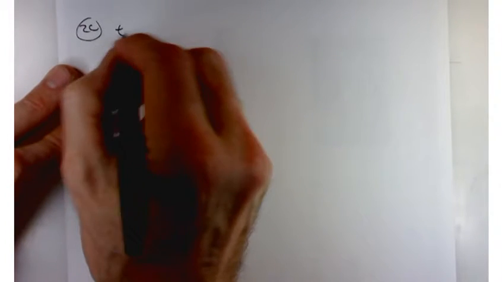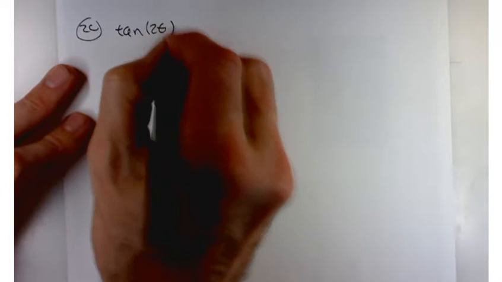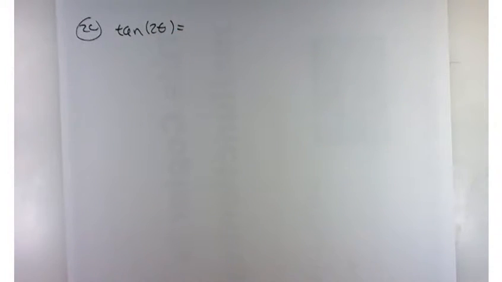Well, let's back up to problem number 20 then. And what you're going to see here is kind of a little bit of redundancy, but a little something new as well. Got the tangent of 2 theta equals 1. So problem 20. Tangent of 2 theta equals, is it 1 or -1? -1?